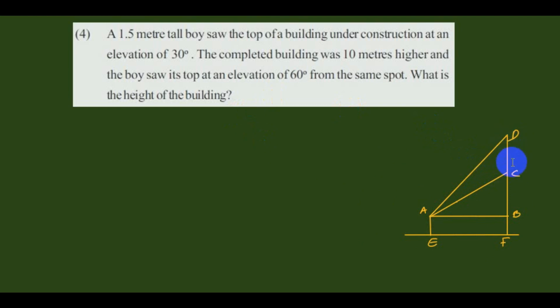That means this DC is 10. It is set like that. It is 10 meters. Only this much distance is known to us. The height of the boy is given as 1.5 meters. That means this one is 1.5, so this length is also 1.5.